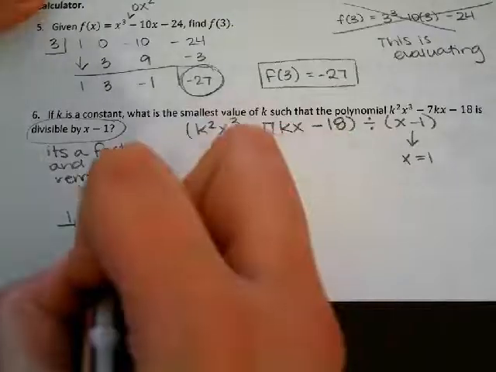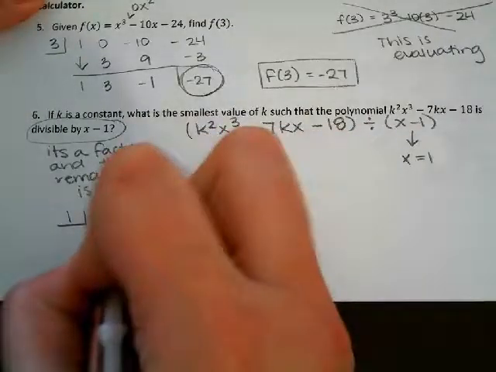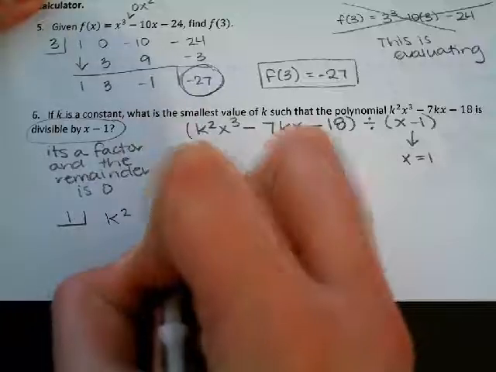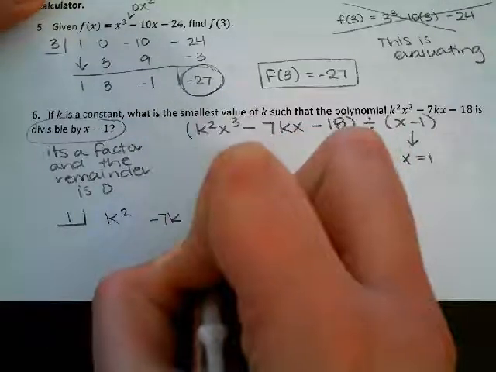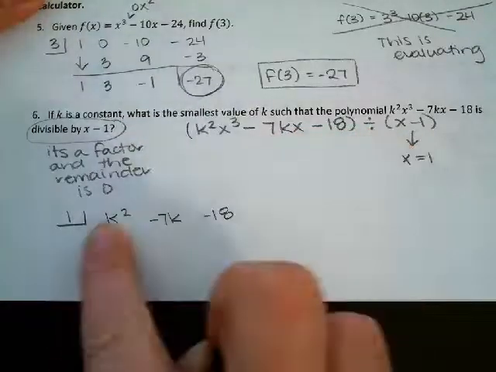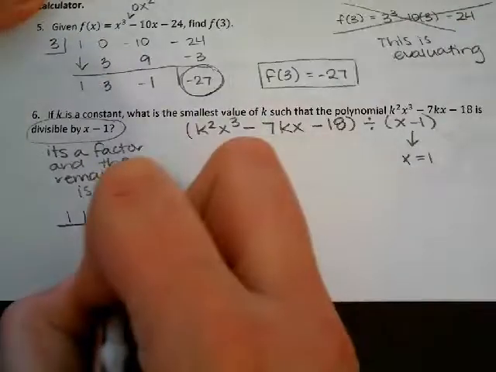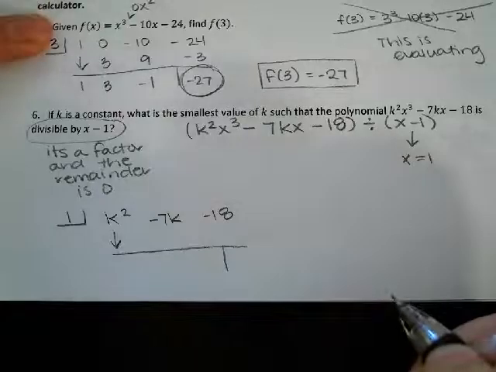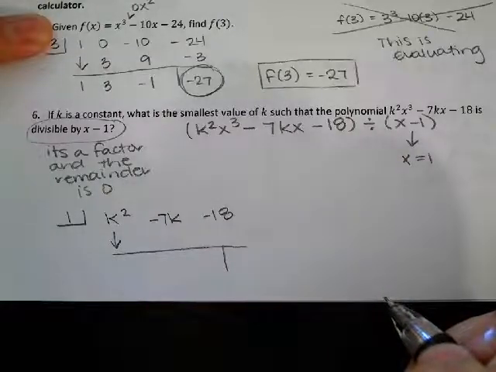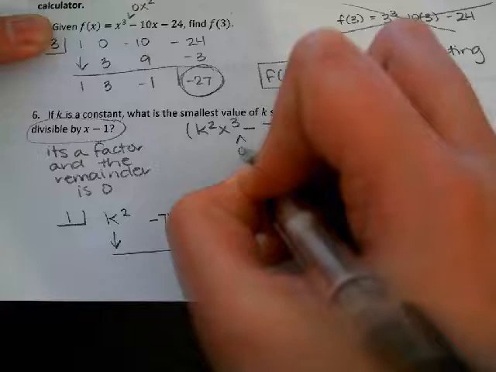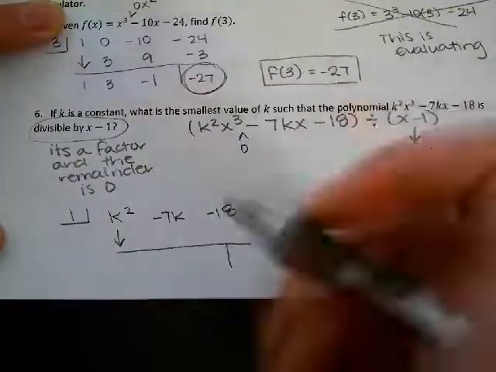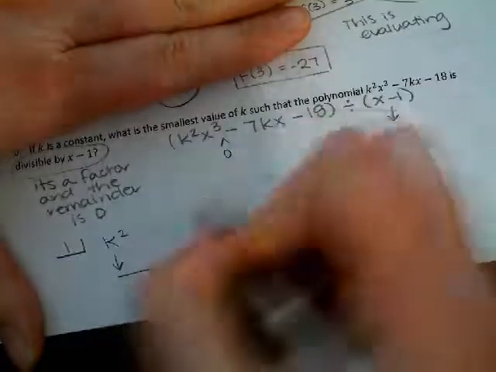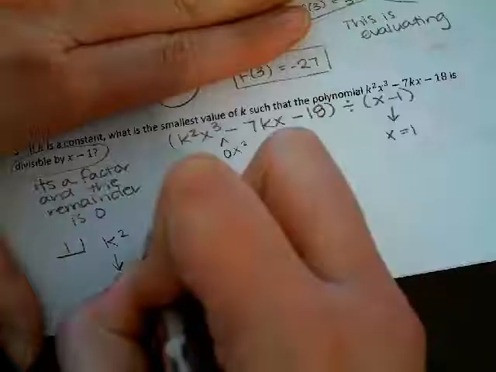See how I wrote all my coefficients? k squared x cubed minus 7kx. Okay. And then my remainder is 0. You guys agree with that?